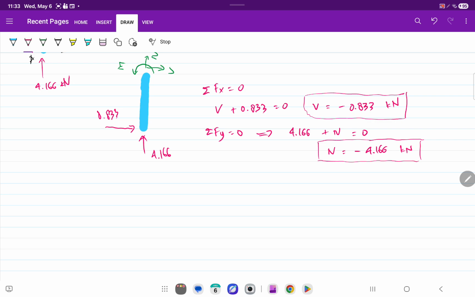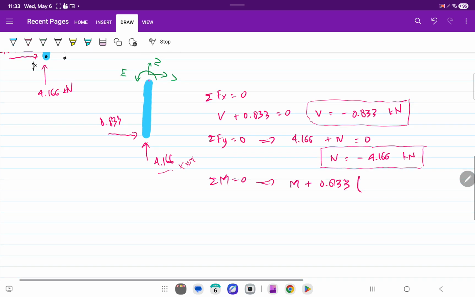All right, and then evaluate the moment at this sectioning point equals 0. So this creates no moment, and N, no moment, only this one. So your M will be counterclockwise positive, and then this also counterclockwise with respect to sectioning point. So plus 0.833 times this distance. How much is this distance?